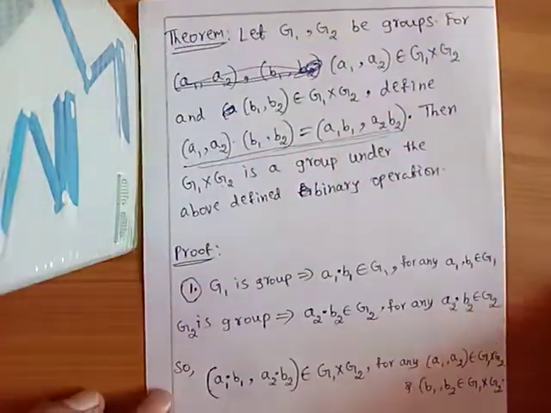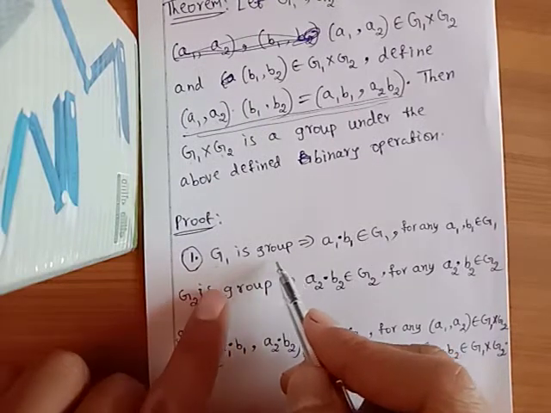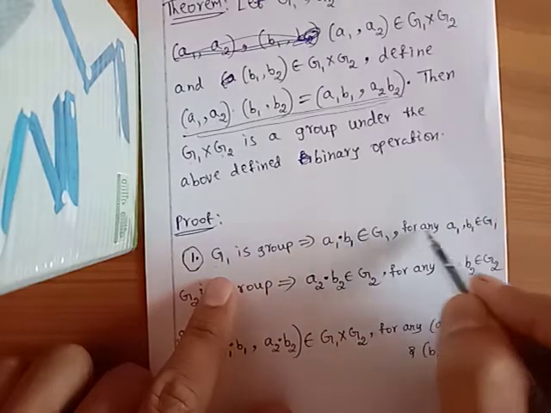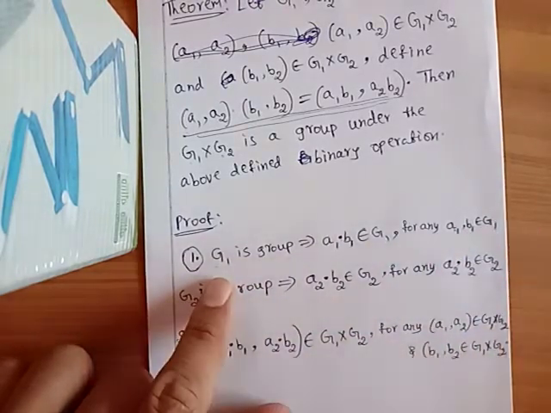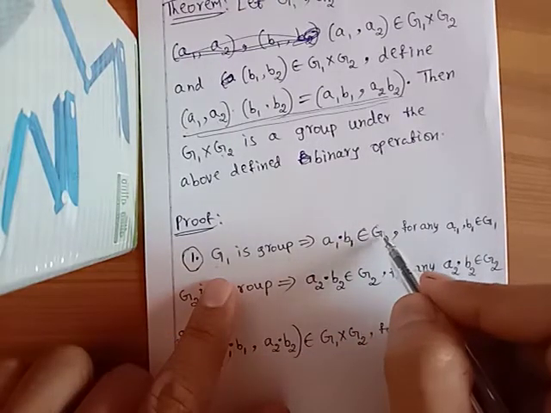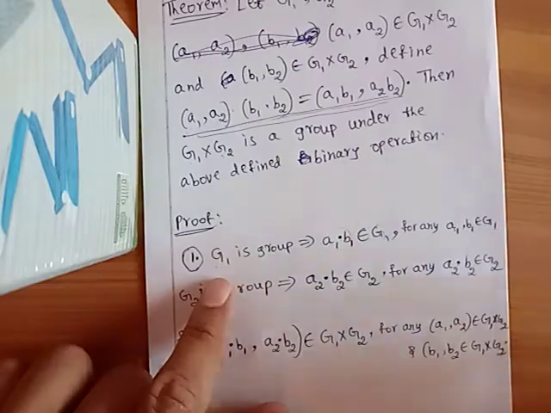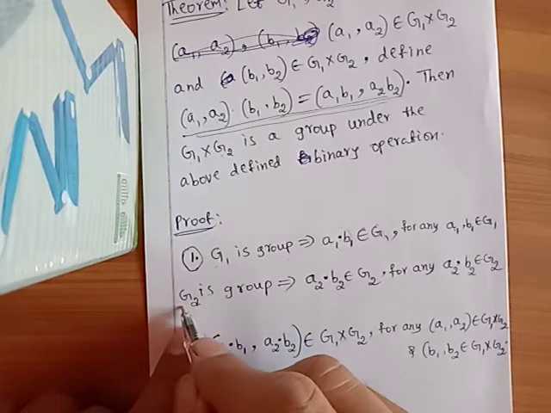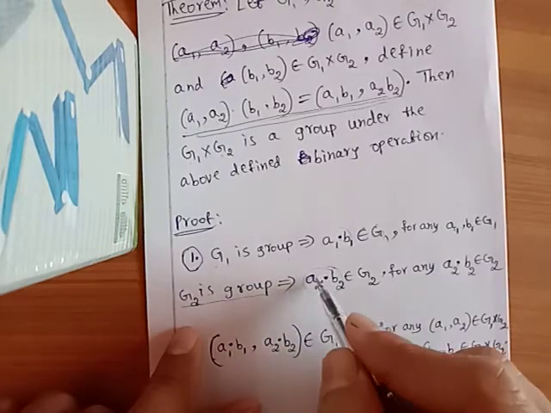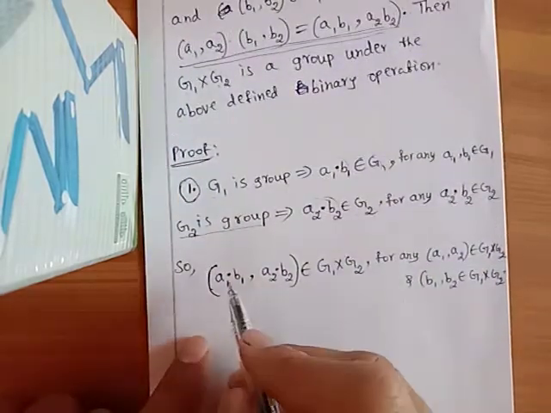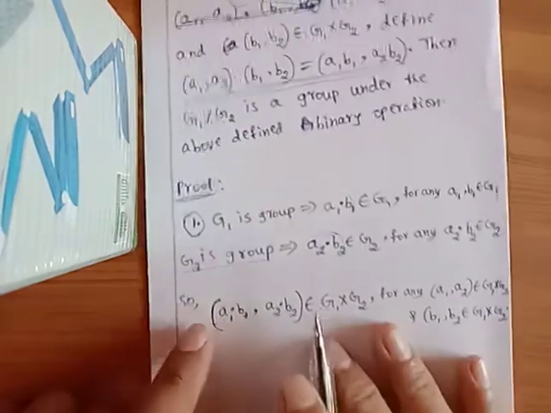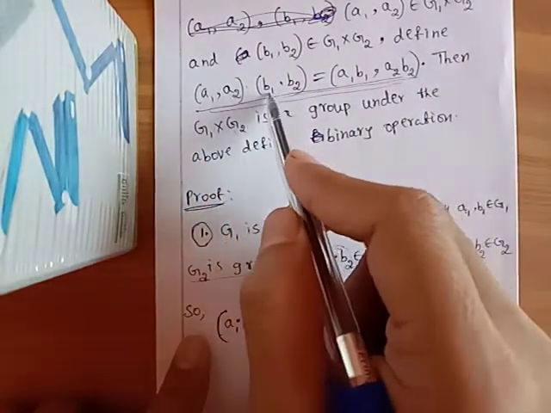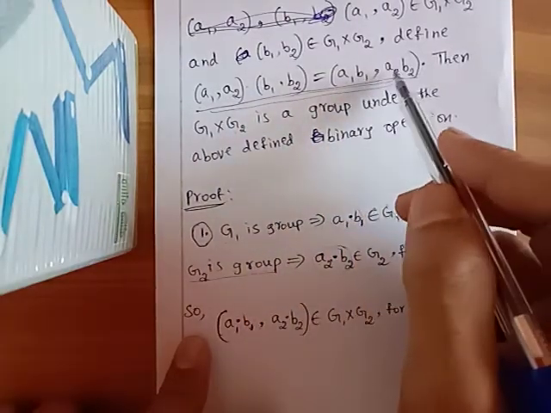Now we have to prove it in general. We know that G1 is a group. So A1 dot B1 belongs to G1 for all A1, B1 belongs to G1. So in G1, the closure property holds by the properties of a group. Also in G2, since G2 is a group, the closure property holds. So here the binary operation defined is (A1, A2) into (B1, B2) is equal to (A1 B1, A2 B2).